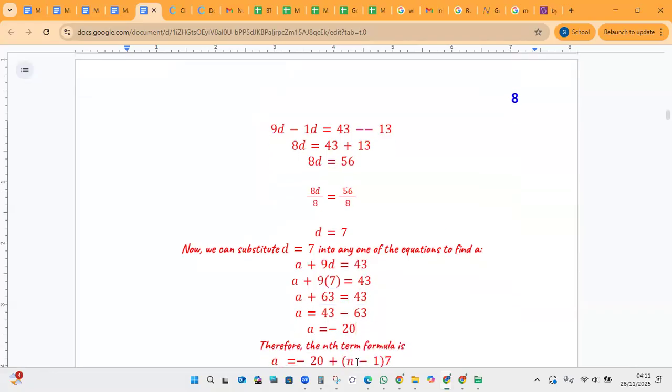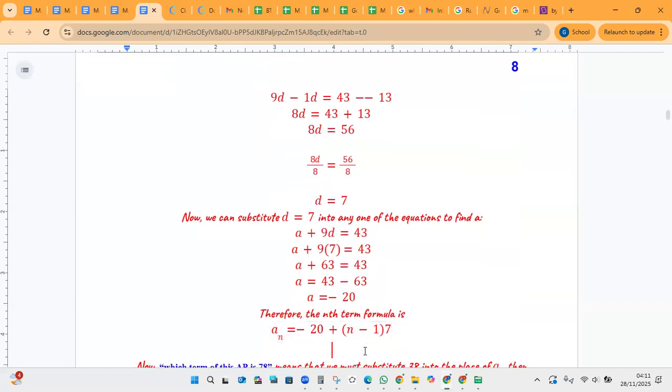So since we have both a and d, we can complete the formula for a particular AP, to find the nth term. Therefore the nth term formula can now be written as a sub n is equal to negative 20 plus n minus 1 times 7.